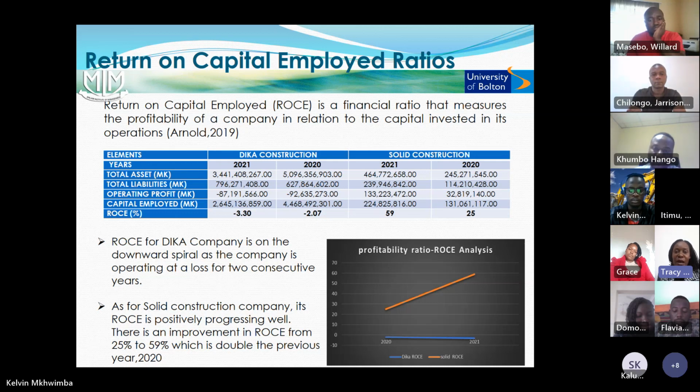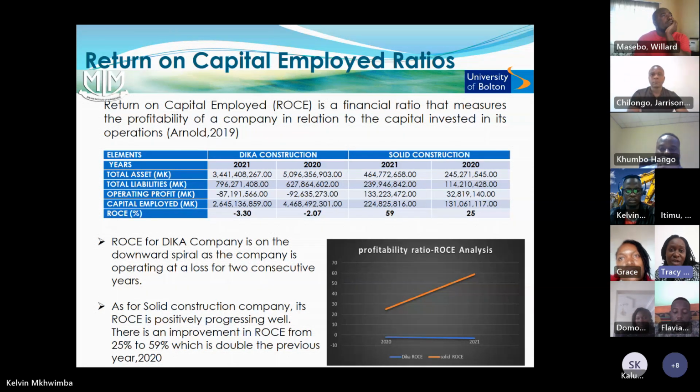And then there was a decrease as regards the loss, from negative 2.0 to 3, for Dika Construction Company. All right, reaching this far, let me hand over to my colleague Willard to proceed with the detailed financial analysis.